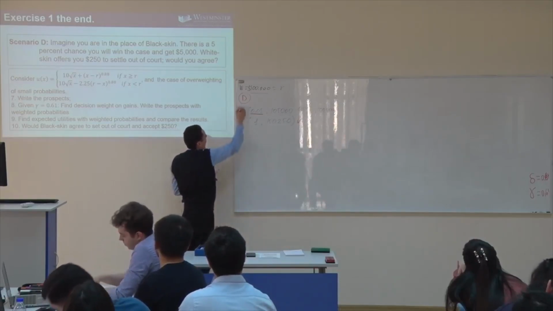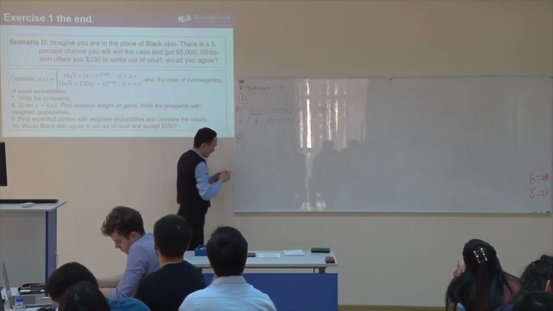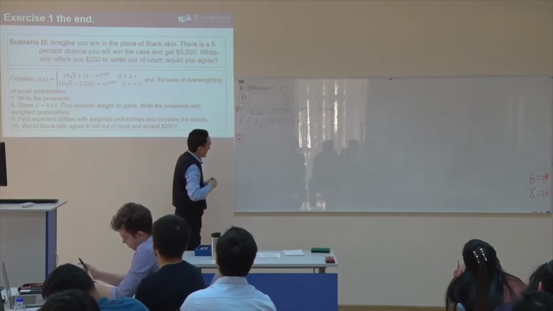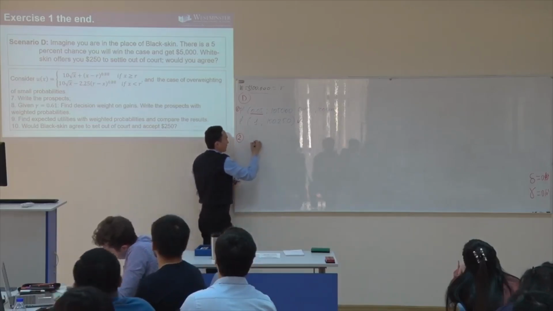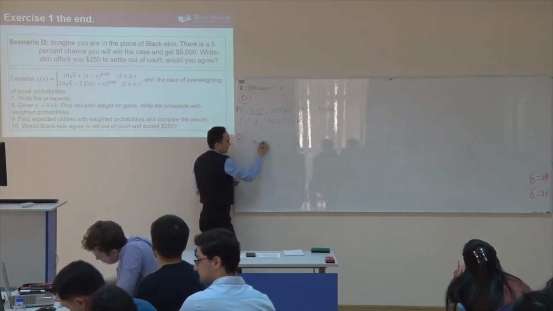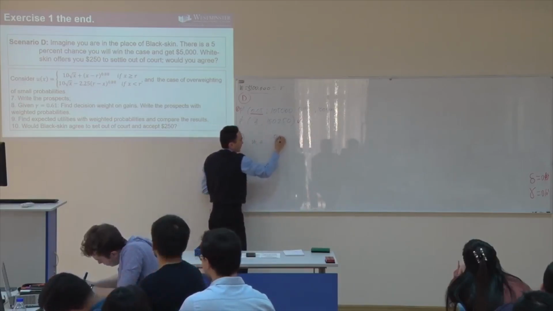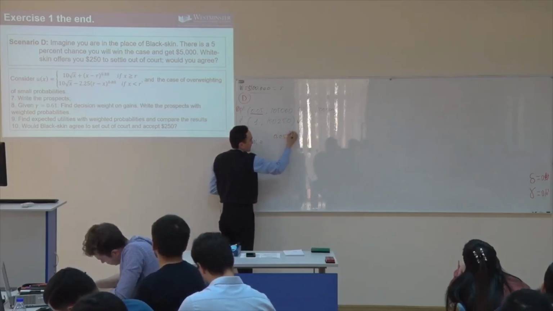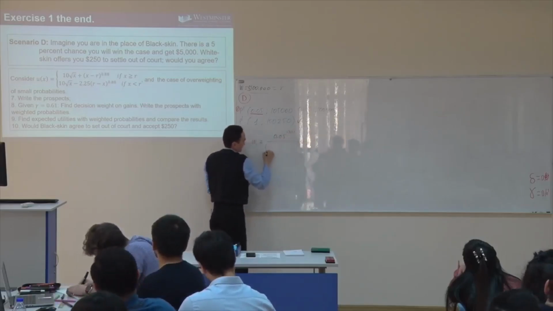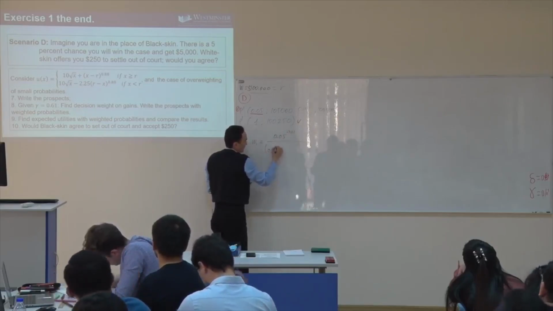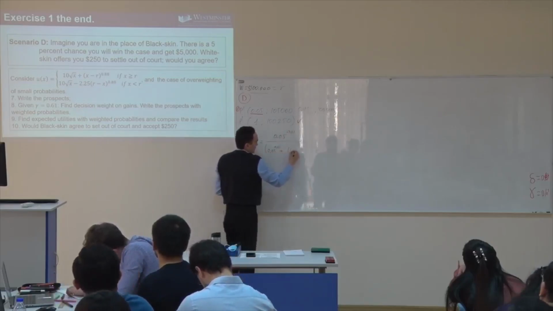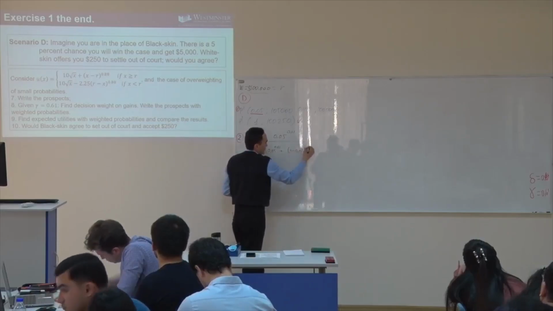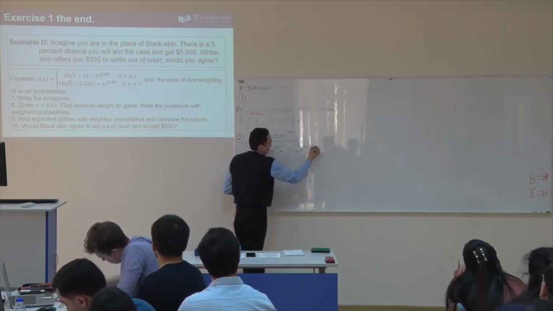Our gamma is given for us. Now let's calculate. We have to find weight 1 for prospect 1, equal to: probability is 0.05, 5%, in the power of 0.61, over 0.05 in the power of 0.61 plus 1 minus 0.05 in the power of 0.61, all in the power of 1 over 0.61.